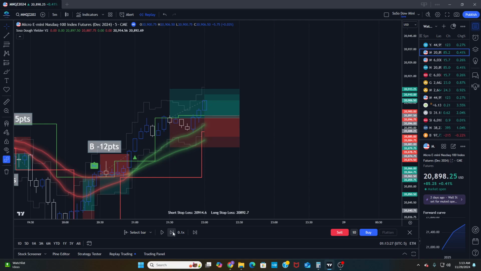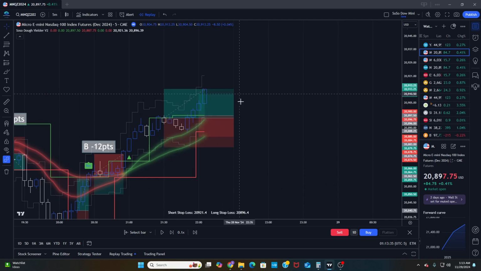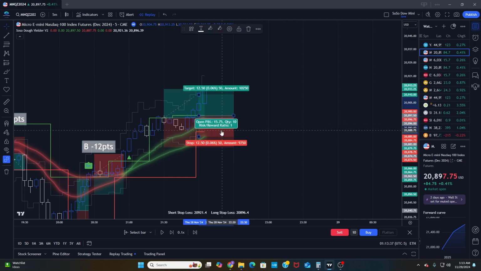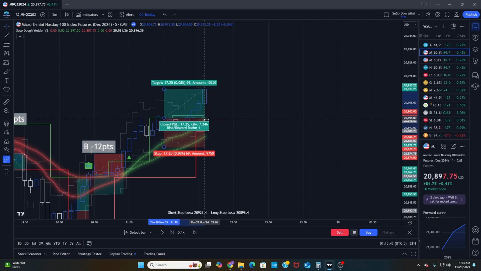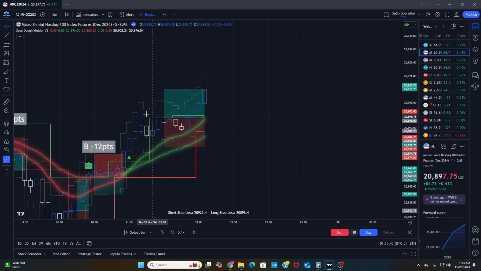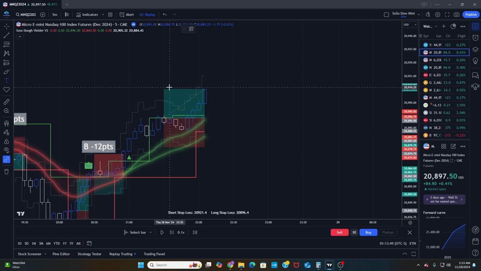Okay, so we have not gotten entered on that trade because it has not come back down to that level. Since we hit our take profit on this trade at this point, just remove this trade because we never actually got entered on it yet. So it's 17.25 points. That was an A trade.